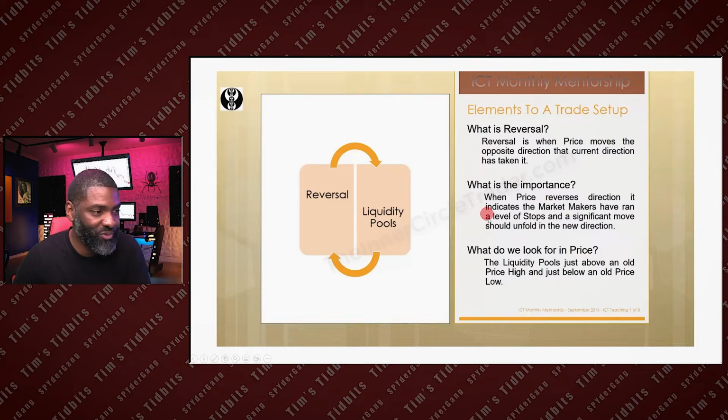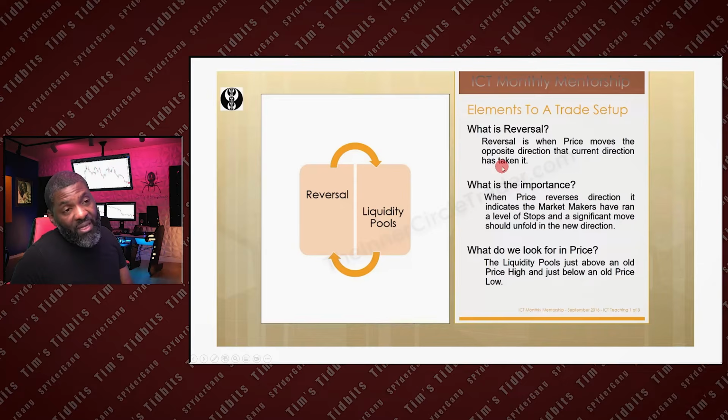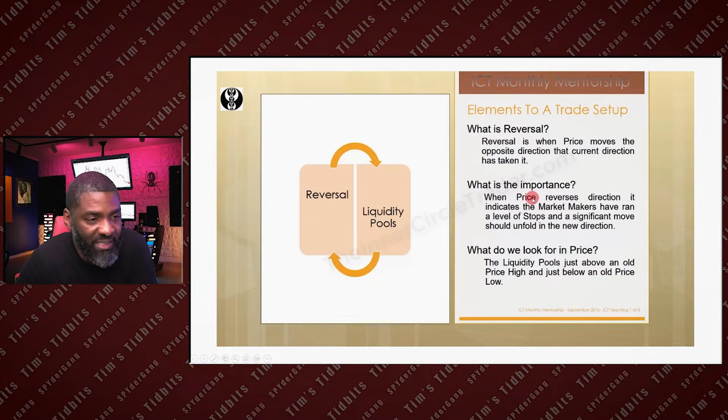Let's get into the reversals. Reversals are tied with liquidity pools. What is a reversal? A reversal is when price moves the opposite direction from the current direction it has taken, meaning it turns around. It does a 180. What is the importance?